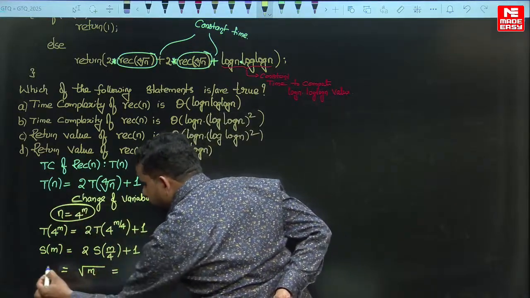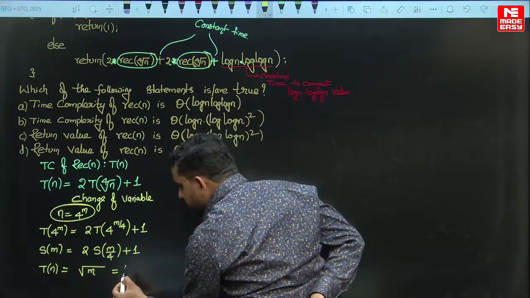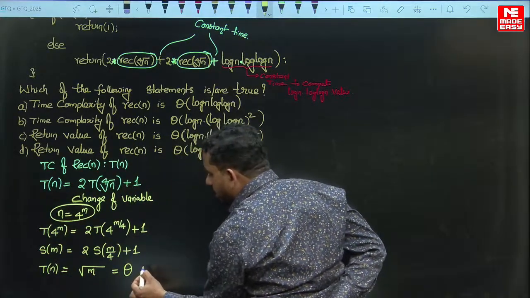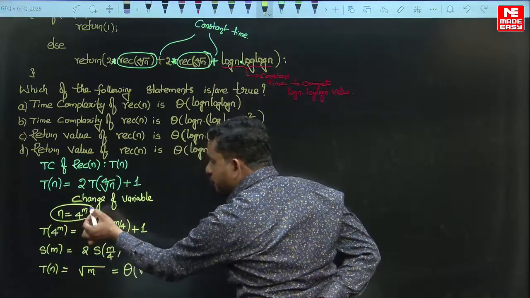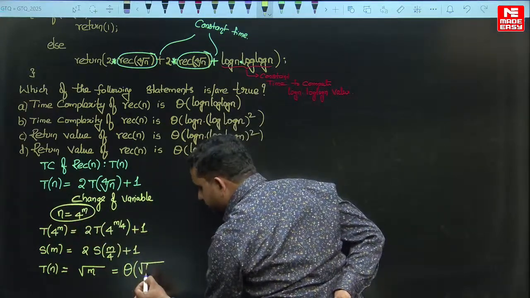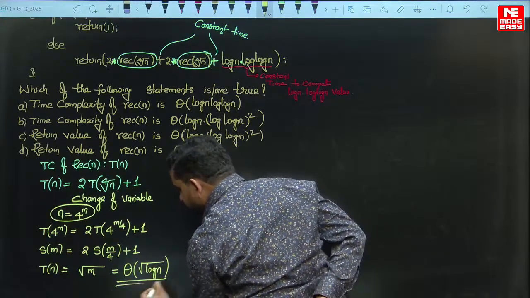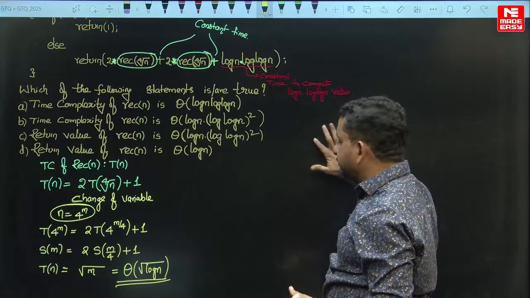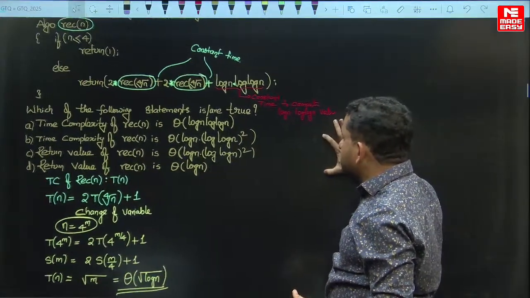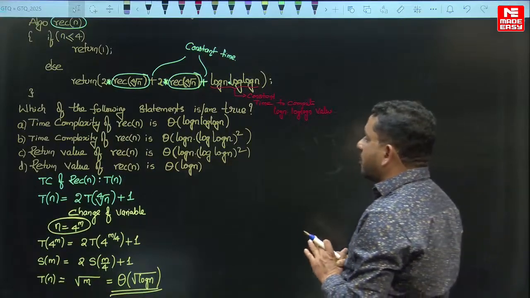It means the T of n solution is theta of square root of log n. This is the time complexity of the recursion: theta of square root of log n.